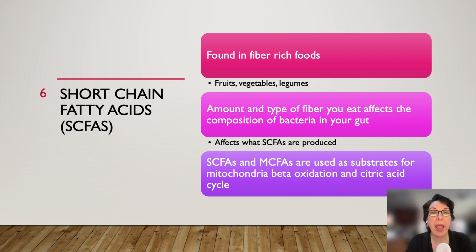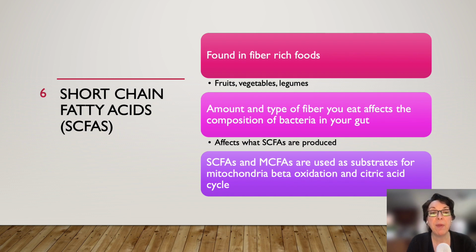They react to the food that you eat and the fiber that you ingest, and they turn that into short chain fatty acids, which are used as substrates, or compounds, by the mitochondria for oxidation and the citric acid cycle, which are both functions that form energy, or ATP, for the functioning of the cell.